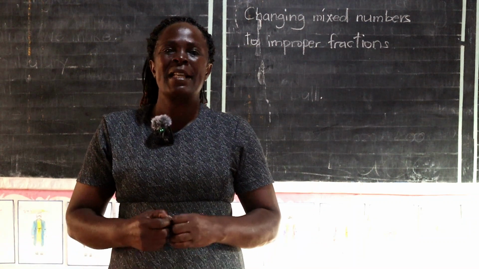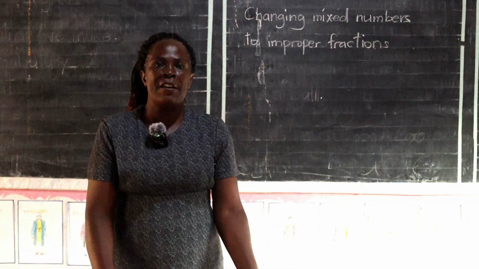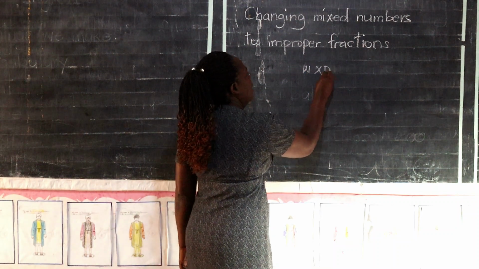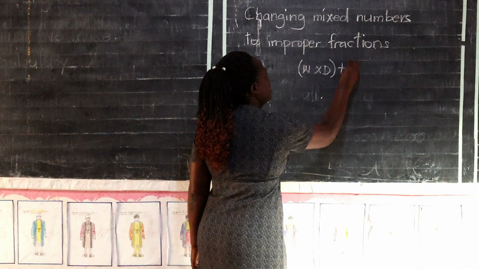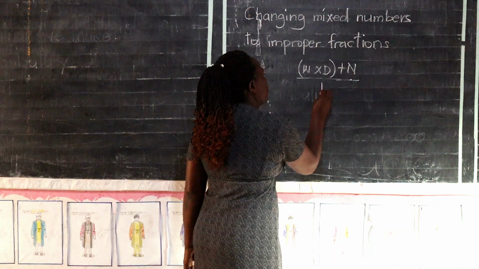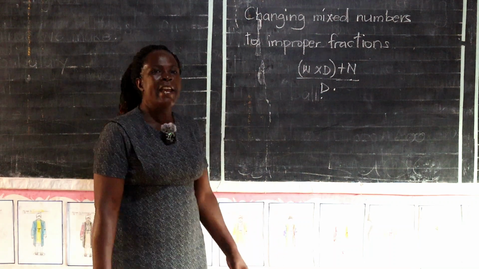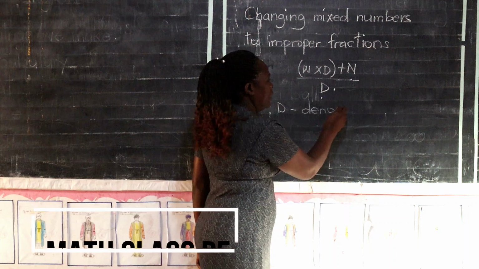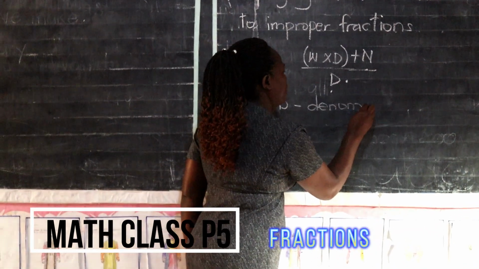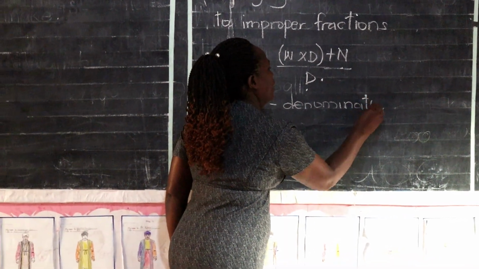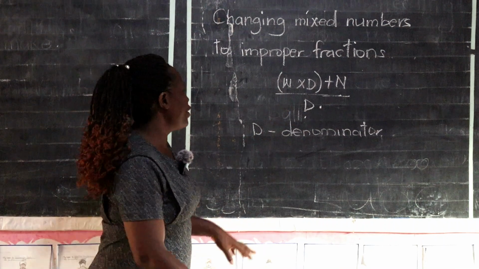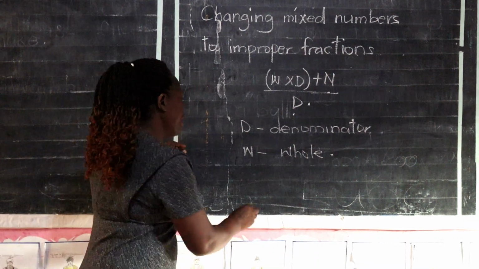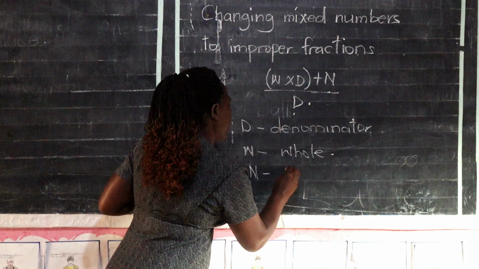When we are changing mixed numbers to improper fractions, we use the formula: W times D into bracket plus N, the whole thing out of D, whereby D stands for the denominator, W stands for the whole, and N stands for the numerator.